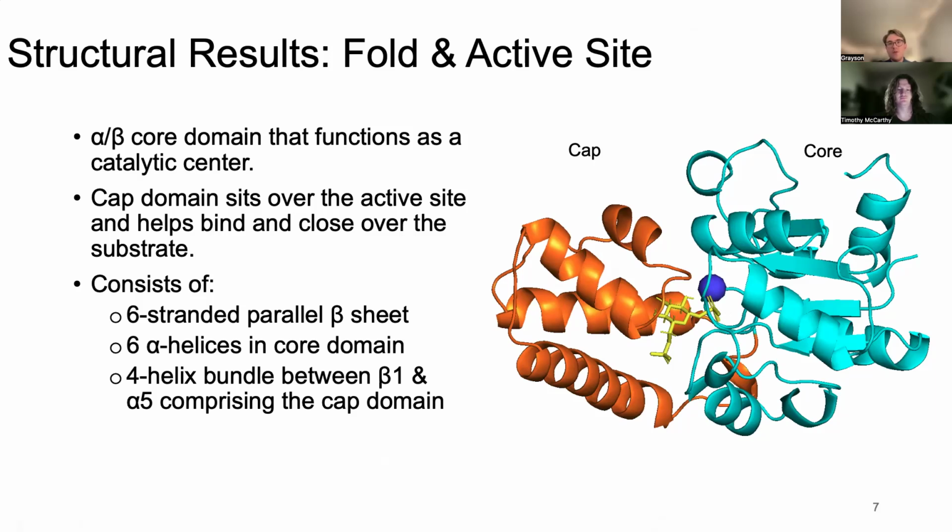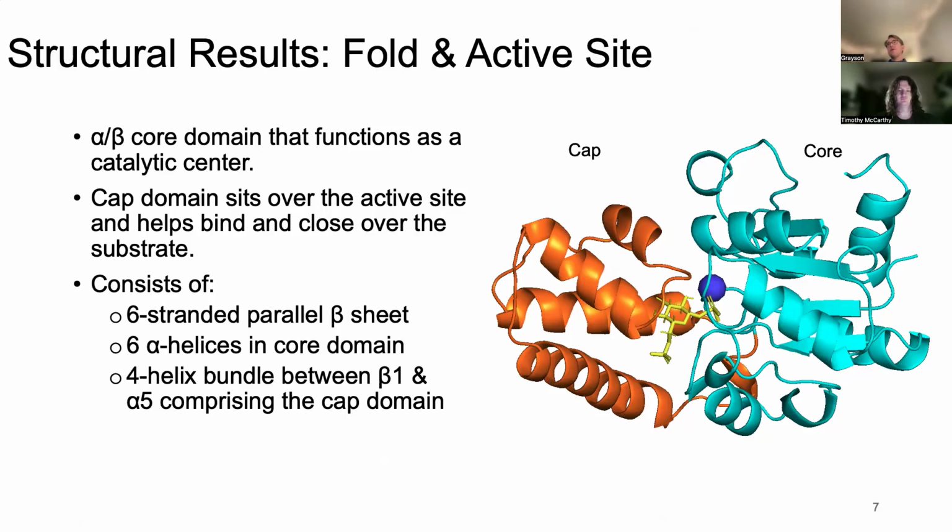These residues around the active site match conserved HAD family motifs, which support a mechanism where aspartic acid forms a phosphorylated intermediate during catalysis. In addition to the domains observed by our researchers, there are 6 stranded parallel beta sheets and 6 alpha helices in the core domain.